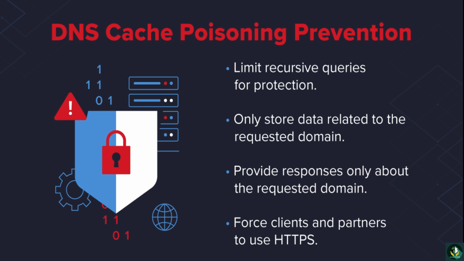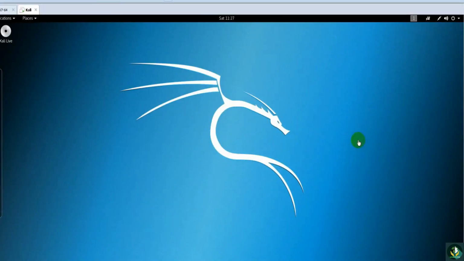If bank.example.com is at 192.0.2.193 and evil.example.com is at 198.18.8.17, an attacker may try to poison a DNS server's cache by sending a forged response saying bank.example.com is at 198.18.8.17. So, DNS cache poisoning prevention: limit recursive queries for protection, only store data related to the requested domain, provide responses only about the requested domain, force clients.